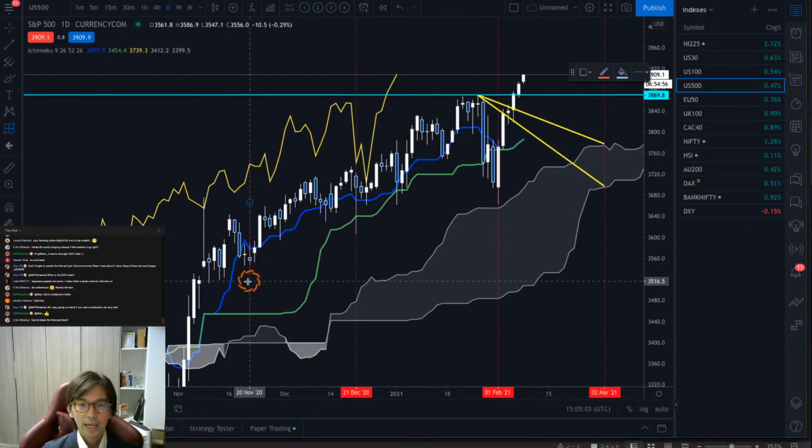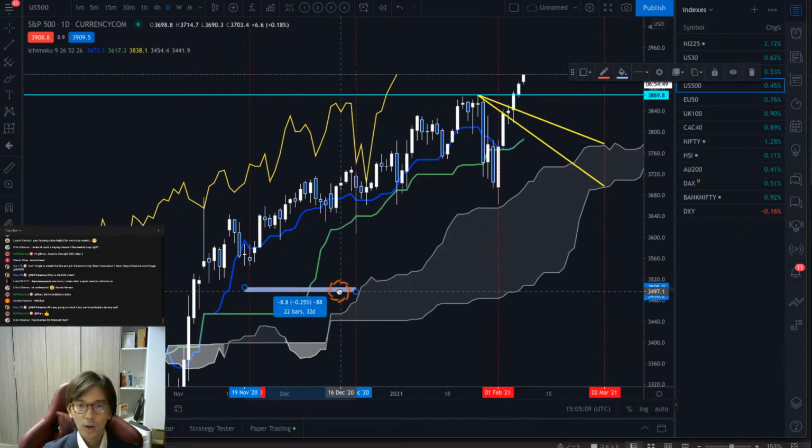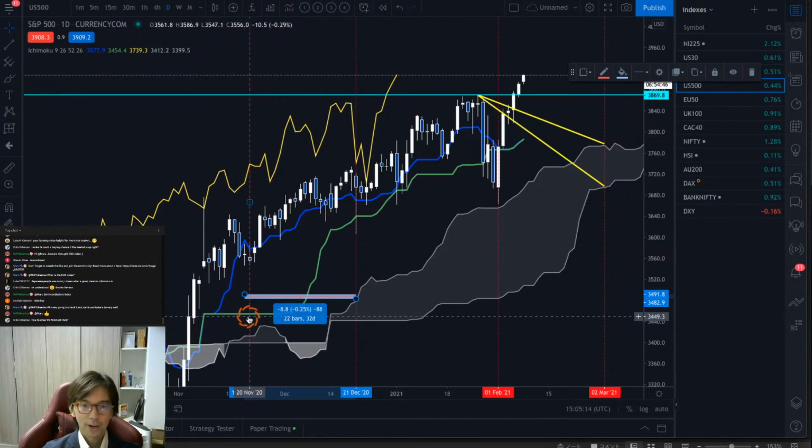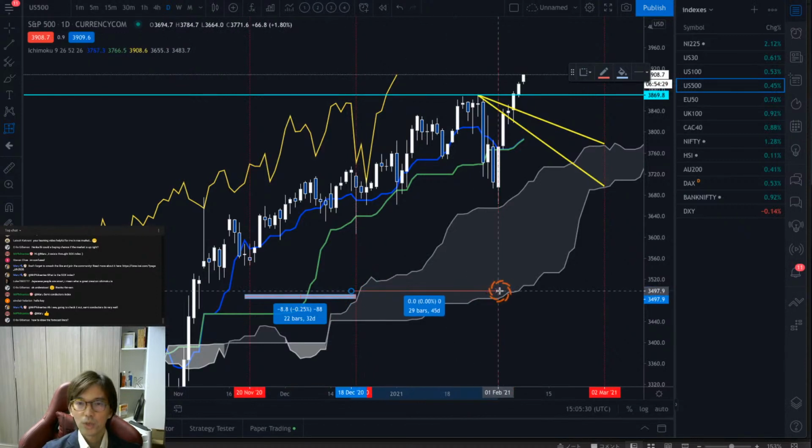And I count the number of the candles. So this one was 22 candles from 20th of November until 21st December. It was 22 bars in between. And afterwards, from this 21st December to 1st February, between the lows, the number of candles was 29 bars.